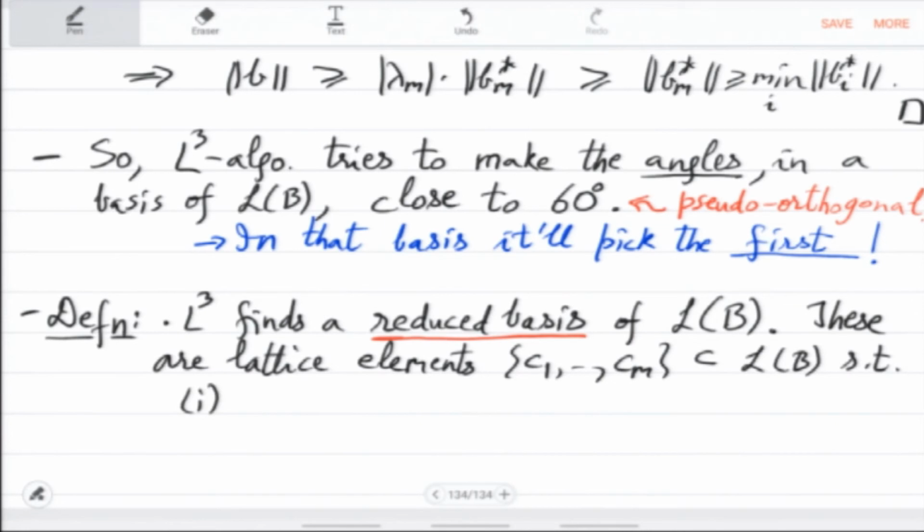So the first condition is a bit mysterious, but you will see why it is important when we analyze.